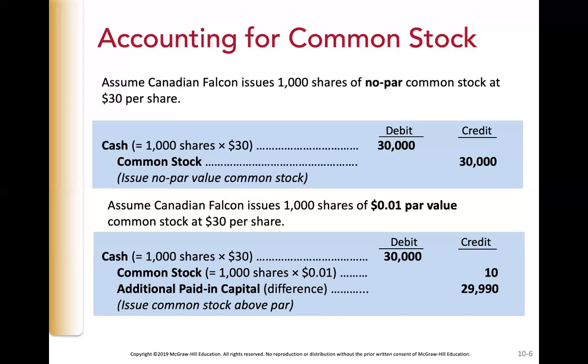So if you have par value shares, this is what your journal entry looks like when it's issued. Cash for the full amount of cash received, the $30 per share. Common stock is the shares times the par value, and then additional paid in capital is the difference.